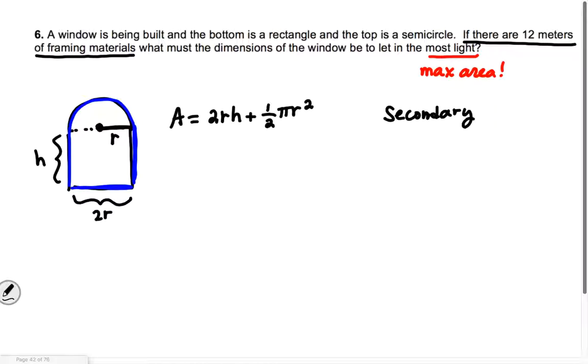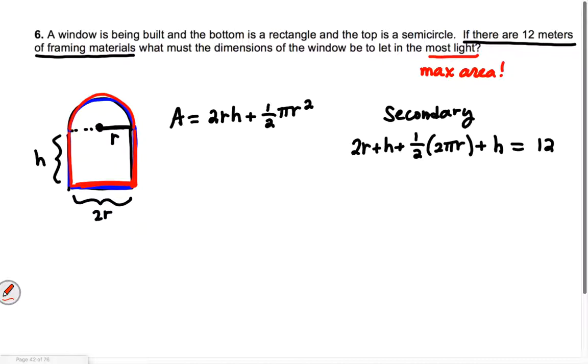So we got 2R plus H plus half of the circumference. So half of what's circumference? 2 pi r, plus H is all equal to 12. So that's going all the way around. You guys see it? So we had 2R plus H plus half the circumference plus another H. We went all the way around.